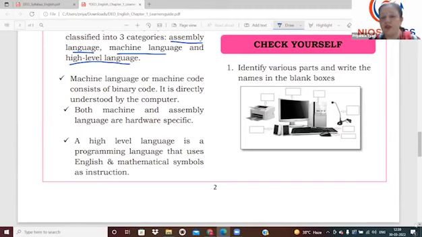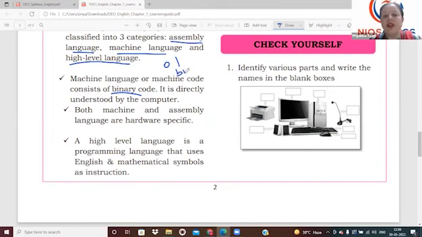As we are aware, a computer does not have any normal human languages like Hindi, English, or others. If we want to process something, the computer has its own language, and that is the binary language, the language of 0 and 1, the language of bits and bytes.